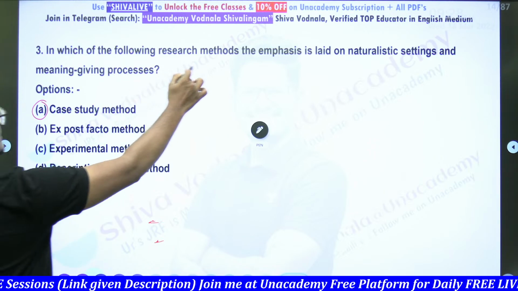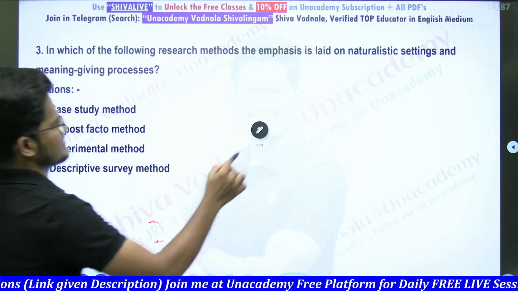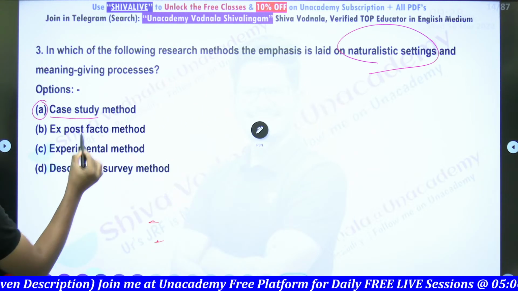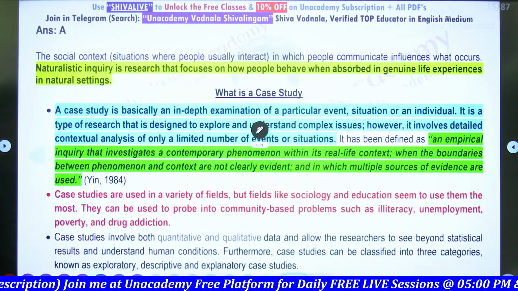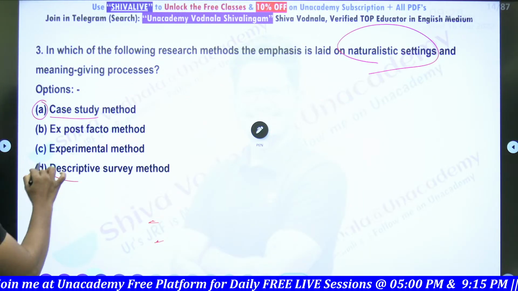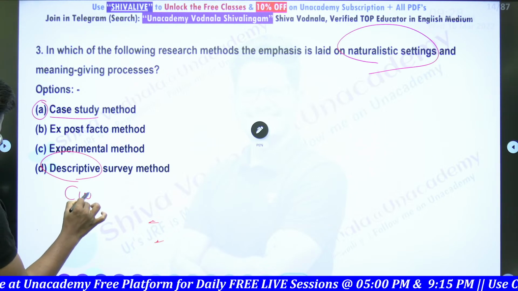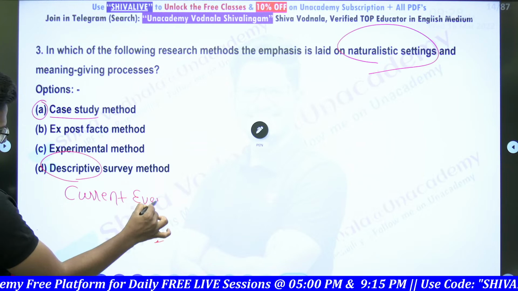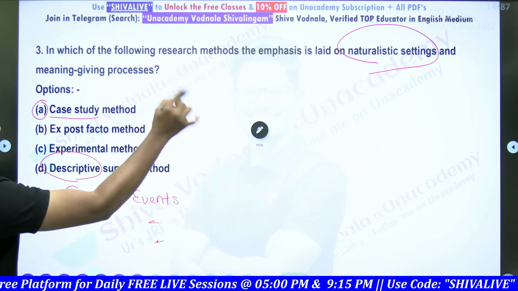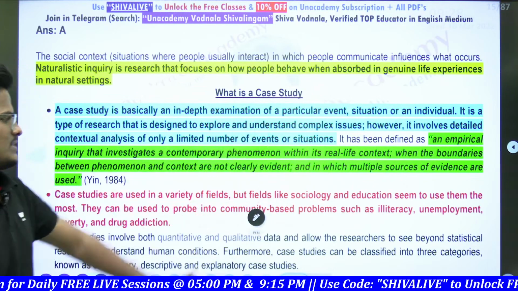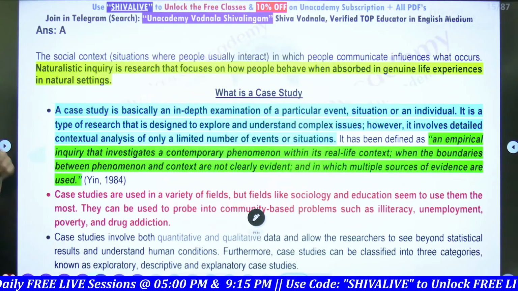In which of the following research methods is emphasis laid on naturalistic settings? Actually the case study method is given as the correct answer, but it can also be the descriptive survey method, because this is showing current events, but current events do not always mean naturalistic settings. Descriptive also happens in a natural way because it is describing as it is, which is natural.